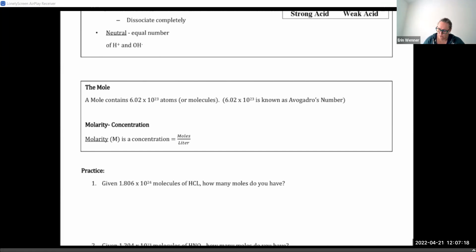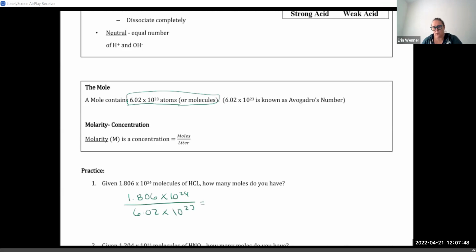So again, to calculate the number of moles, we're going to take the number of molecules and we're going to divide by how many molecules make up 1 mole. So we're going to divide it by 6.02 times 10 to the 23rd.